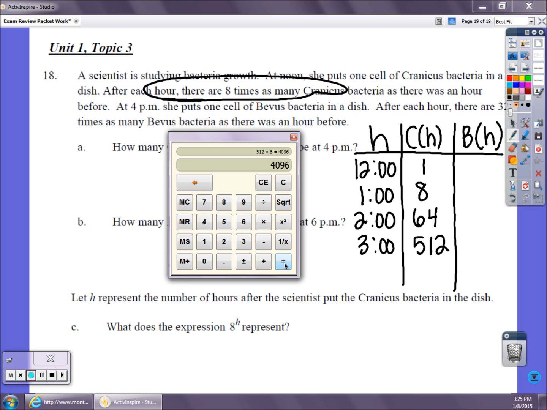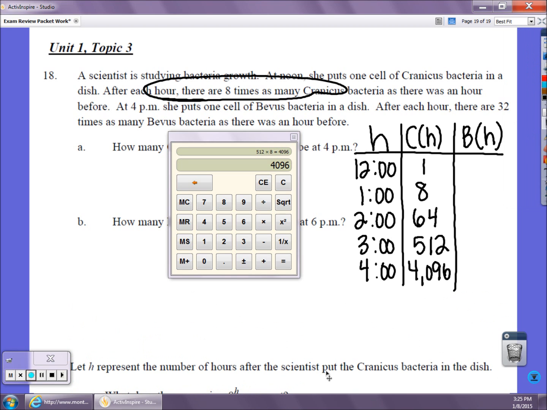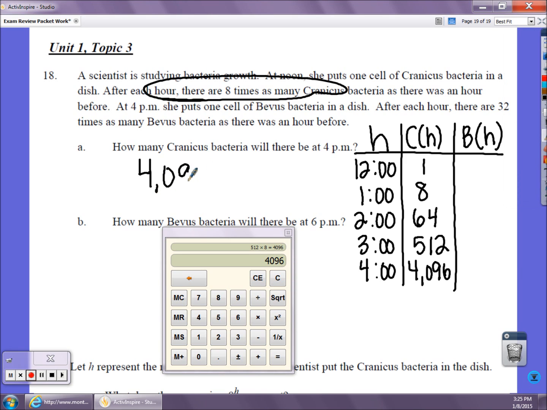And times 8 is going to give us at 4 p.m. 4,096. So again, you can see how quickly those exponential functions increase. Okay. So at 4 p.m., we're going to have 4,096 bacteria.